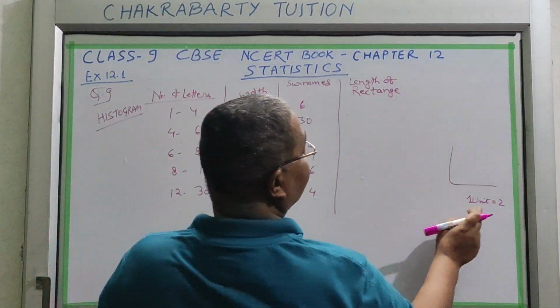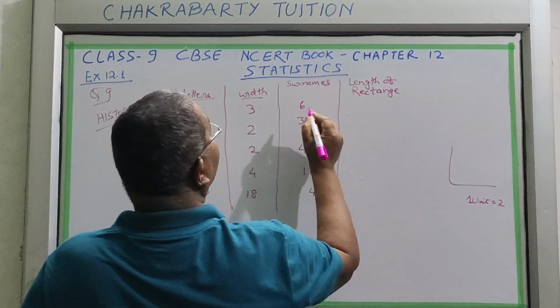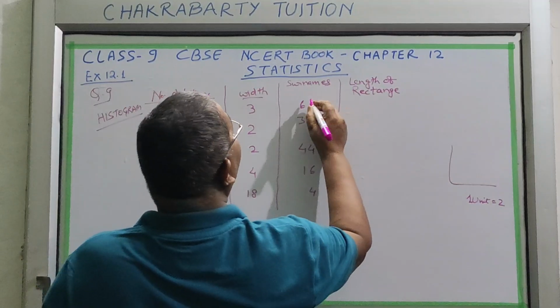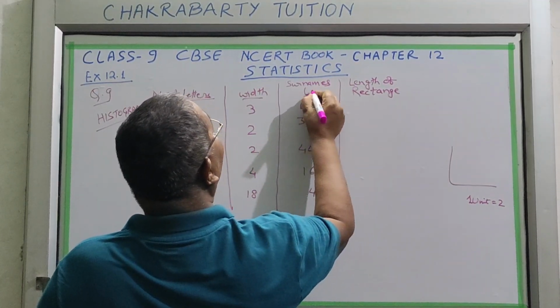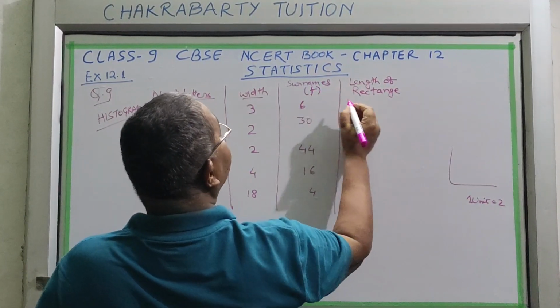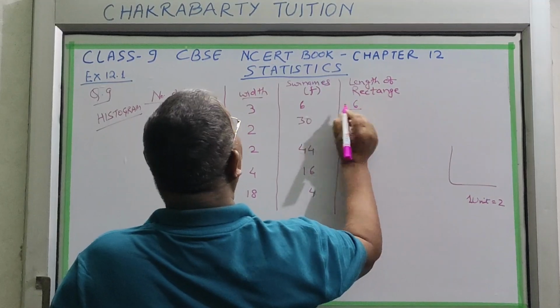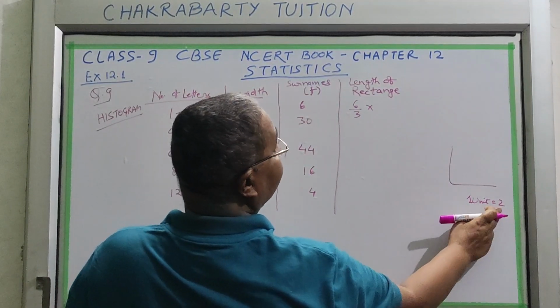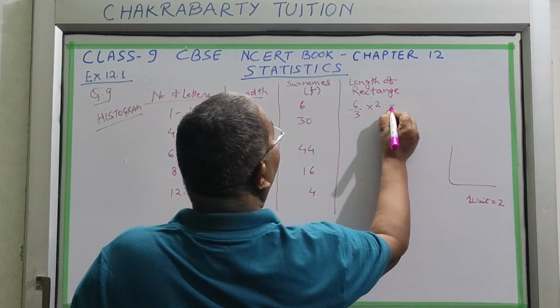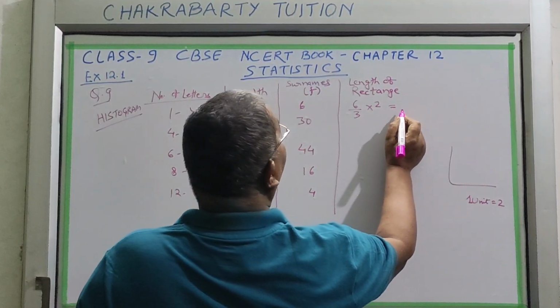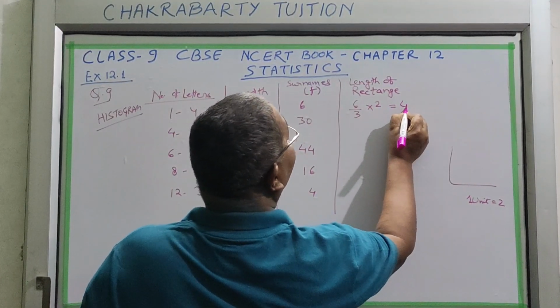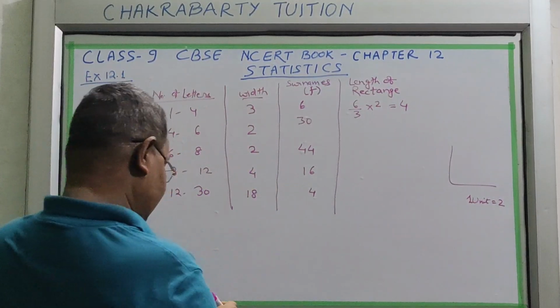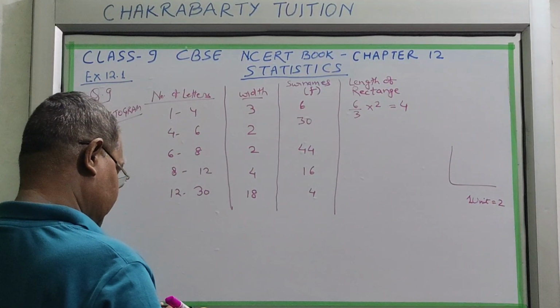Here this is your frequency, so frequency upon width, into the units you will be taking. So it will be 3 to 2 to the 4. Like this, you have to convert every one.